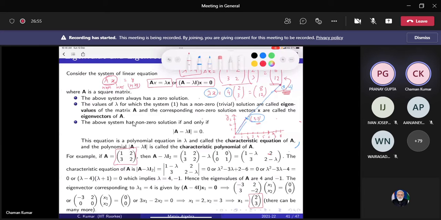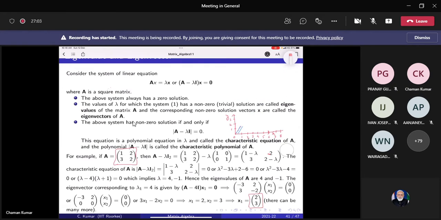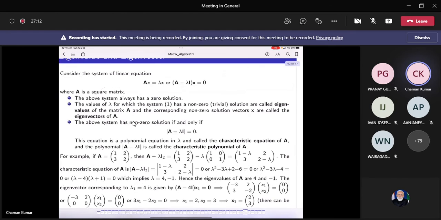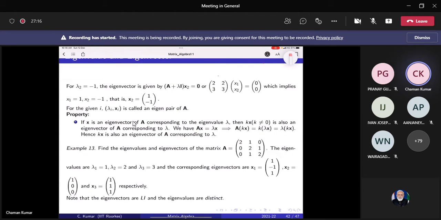Got it. So this is used in principal component analysis, factor analysis. These places, this concept is very much useful. And how they are used, you will learn if you take some advanced course on statistics. Okay, so the application is not part of this course, so I'm not going to discuss that application.